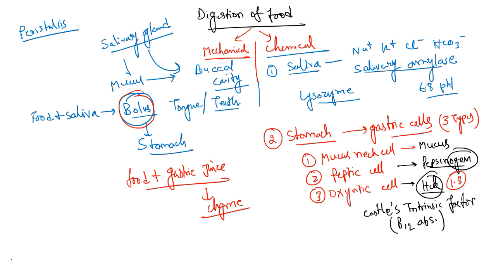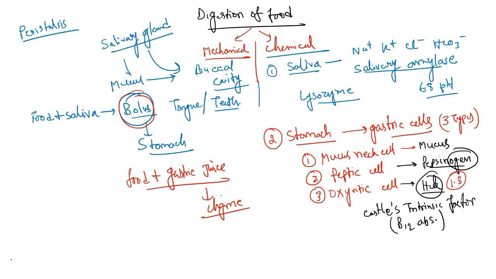Just think about it, 1.8 pH. If it drops on your hand, it will cause immediate burn and damage. But it never damages our stomach lining, because the stomach is protected by the mucus layer that is secreted. Pepsin will be active at very low pH, in the acidic environment.